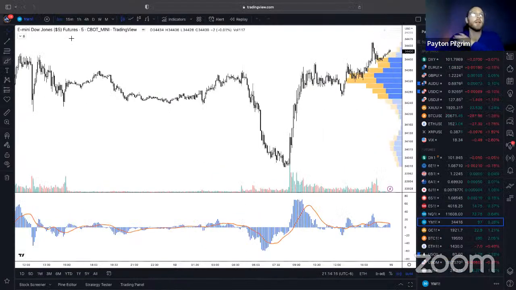So I like looking at the E-minis. The Dow is pretty much the same thing as US 30 price action. The price action is the same, but the price is a little different.